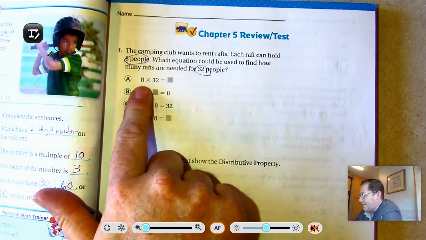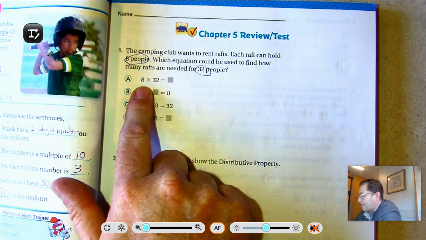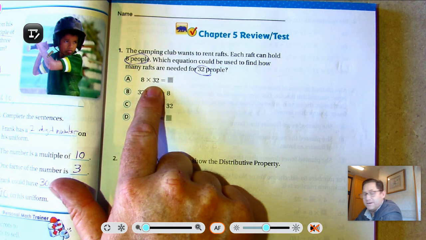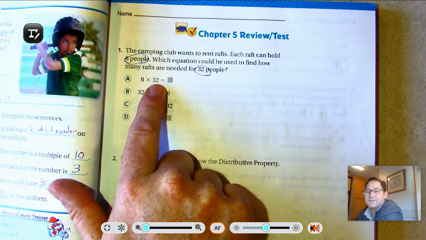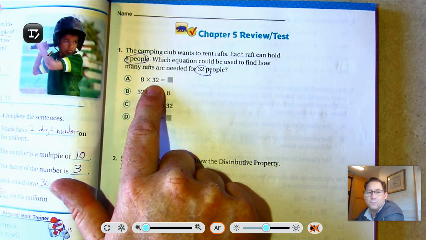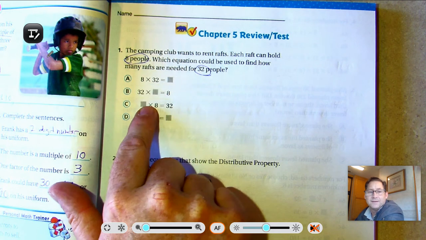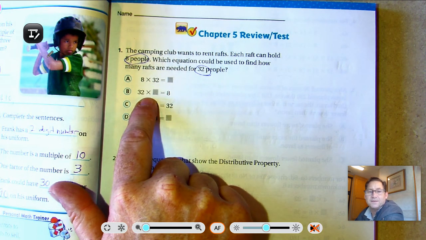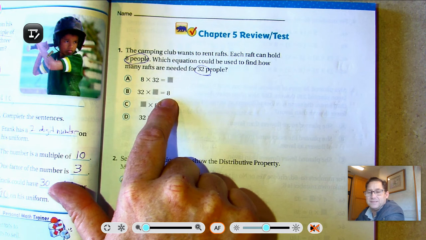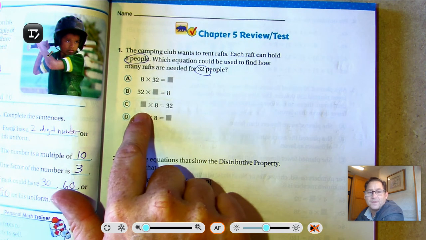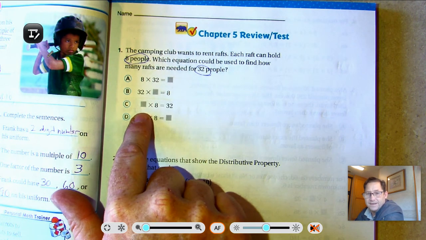Okay, so A, that would mean each raft, they'd be having 32 rafts. That's not correct. 32 times something is 8. That doesn't make any sense in our problem.